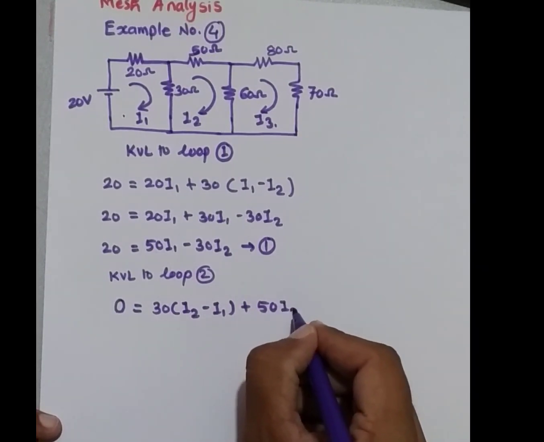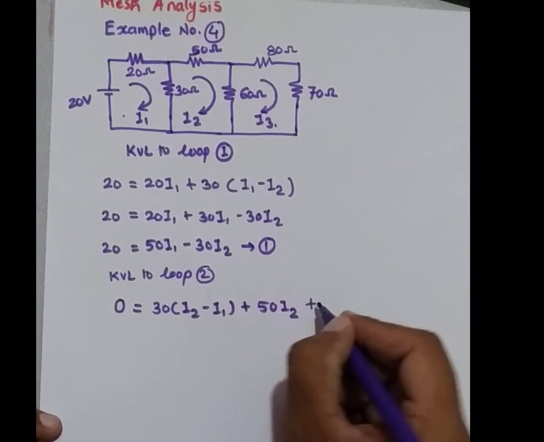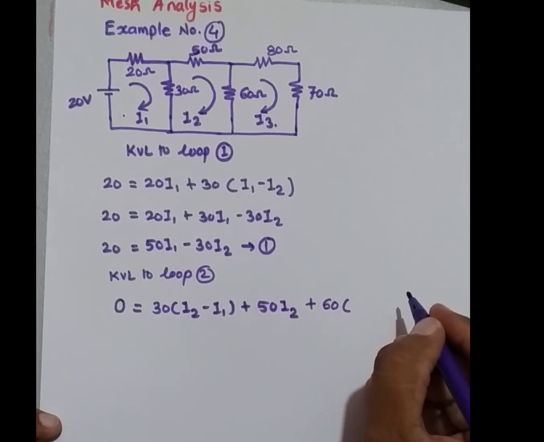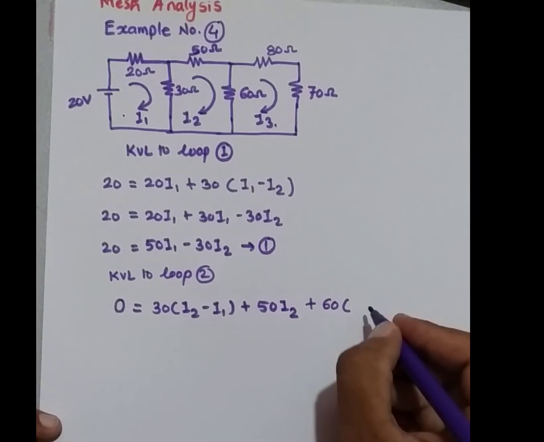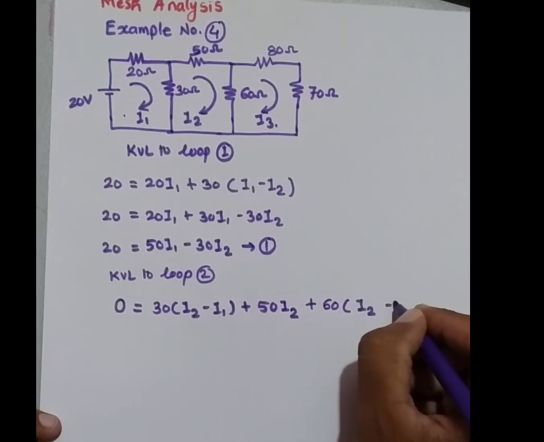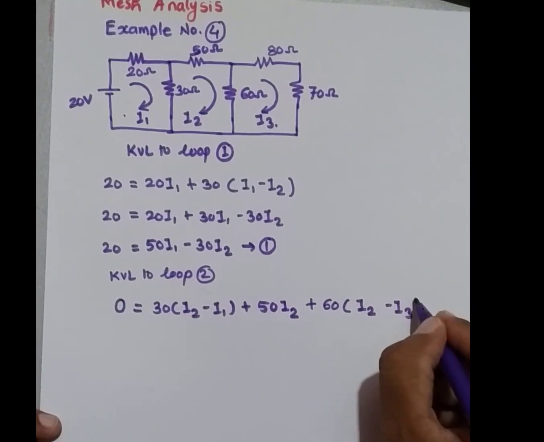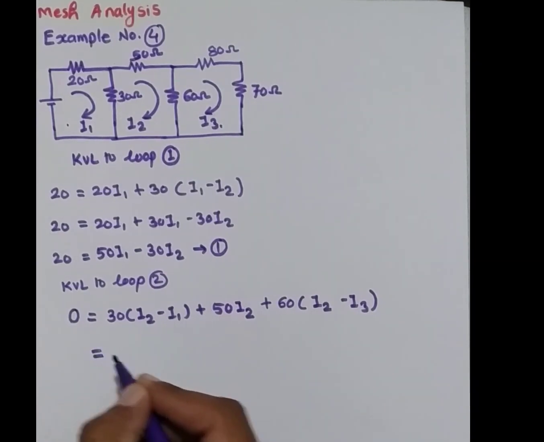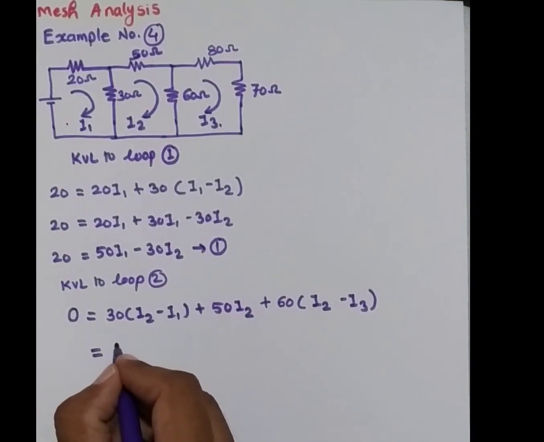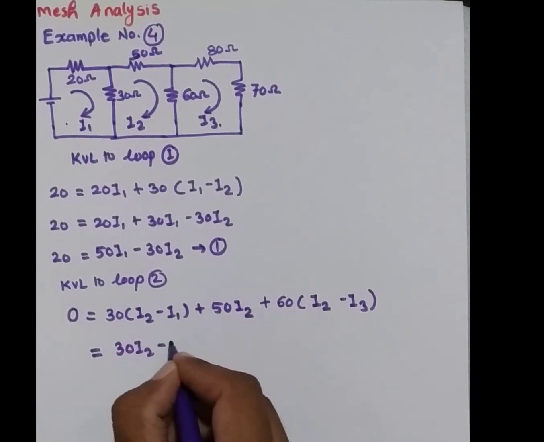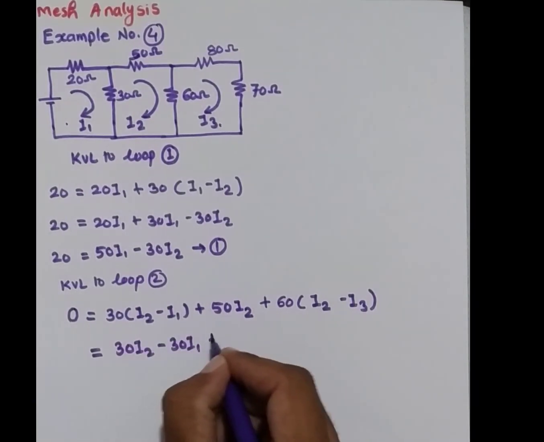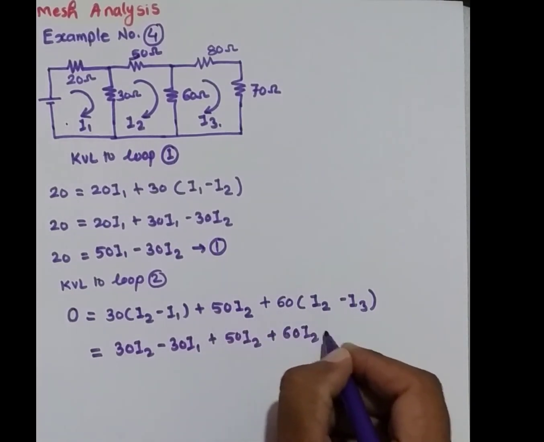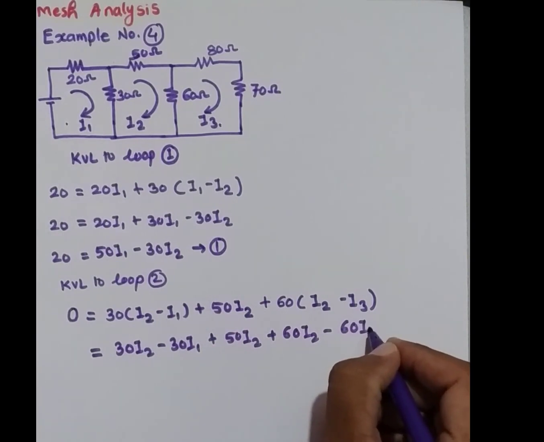So only I2 current is flowing, plus 60, from the 60 ohm resistance, two currents are flowing, I2 and I3, but they are in opposite direction again. Therefore, I2 minus I3. Right? So simplify this equation. 30 I2 minus 30 I1 plus 50 I2 plus 60 I2 minus 60 I3.